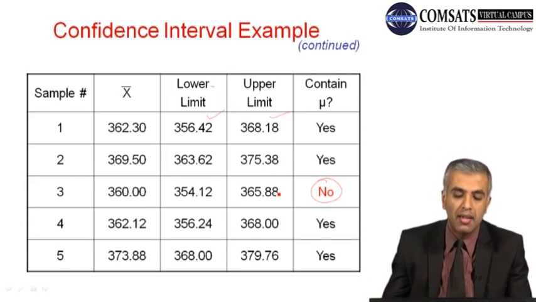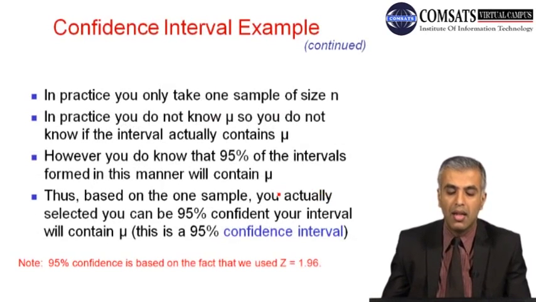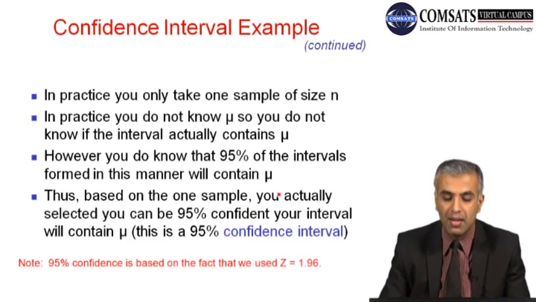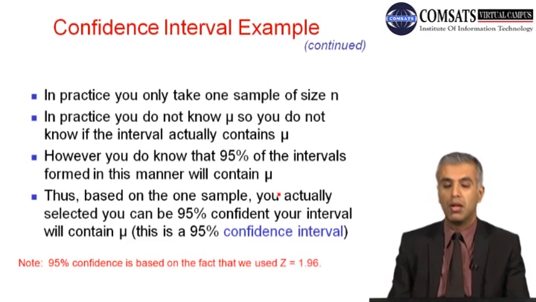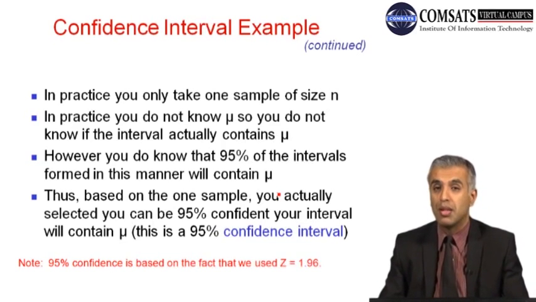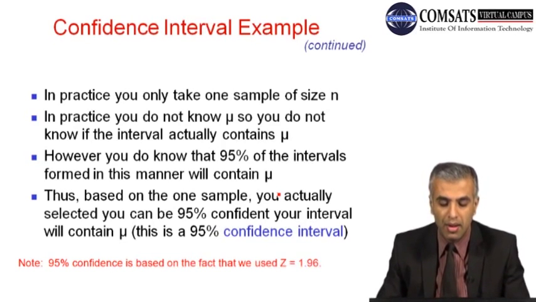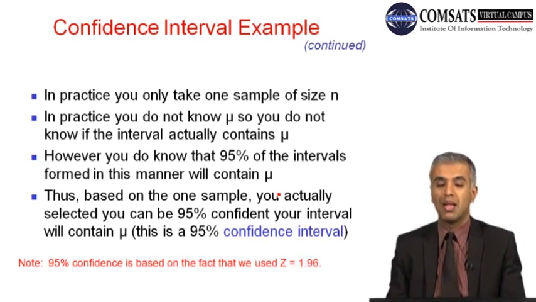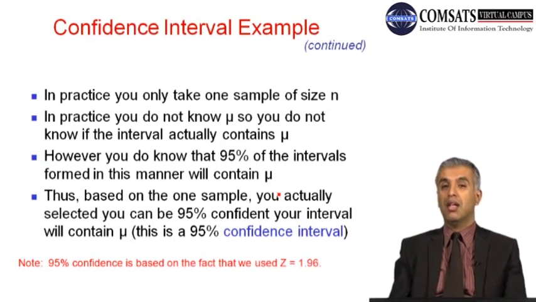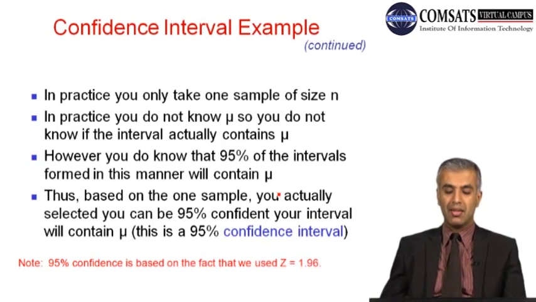This is vital, because in practice we can only take one sample and we do not know the population mu. But we know that 95% of the intervals formed through this methodology would contain mu. So based on that one sample, we are 95% confident that our interval contains mu. This is a 95% confidence interval.